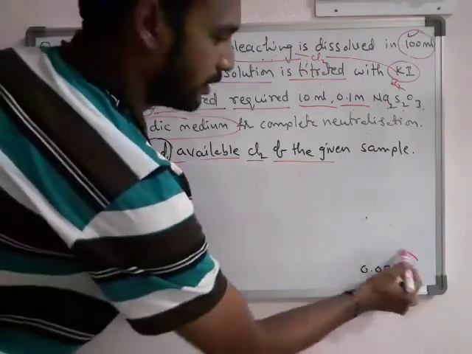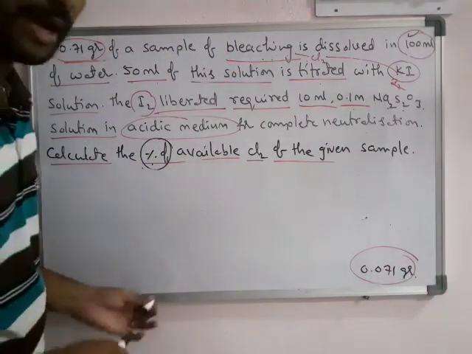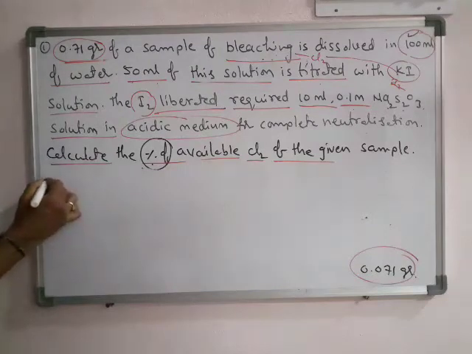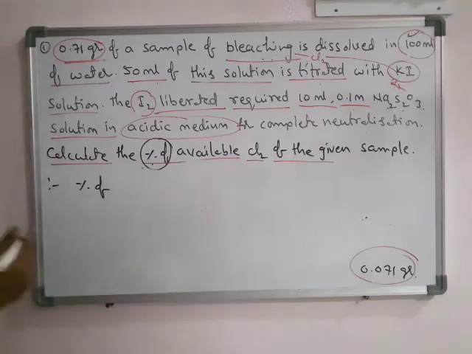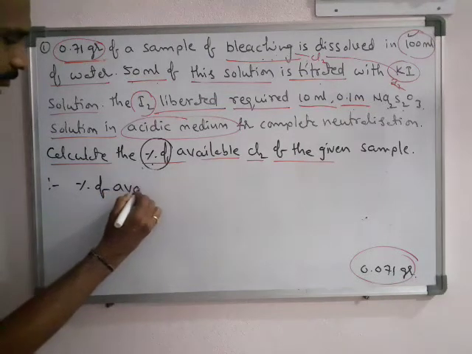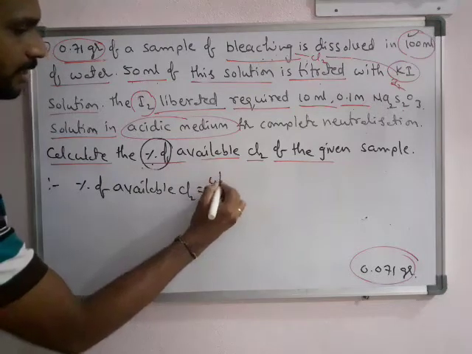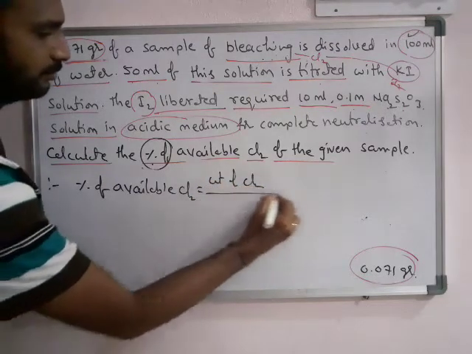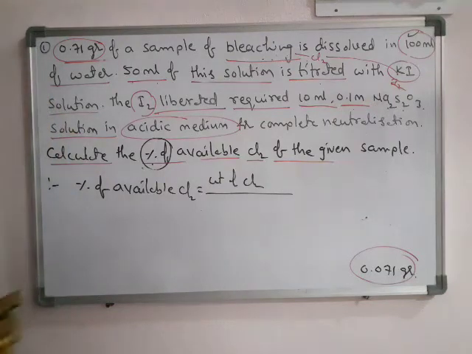Here we got 0.071 grams of chlorine. We need to find the percentage value. The percentage of available chlorine equals the weight of chlorine by the total sample, the weight of bleaching powder.